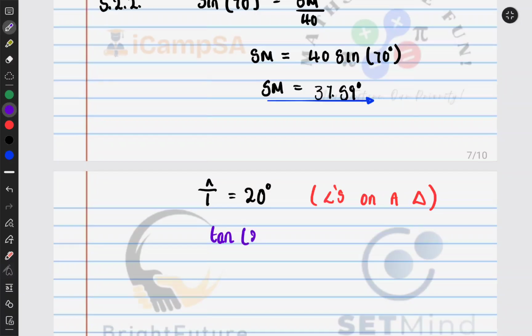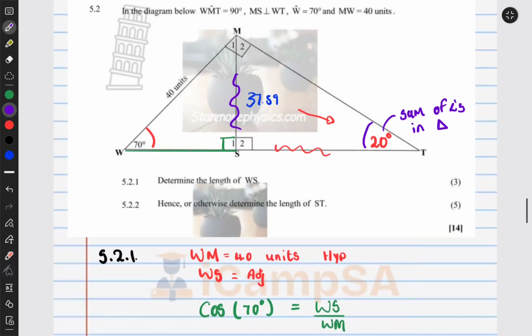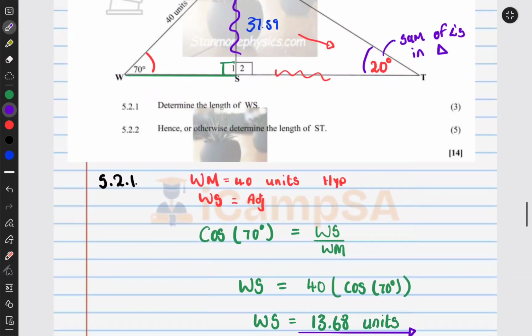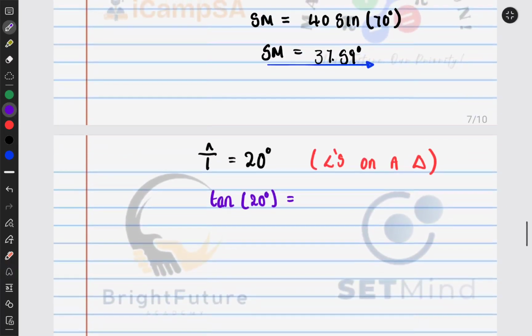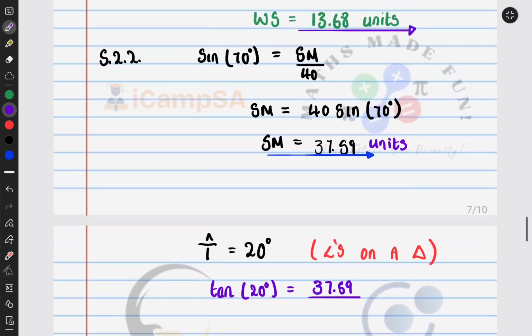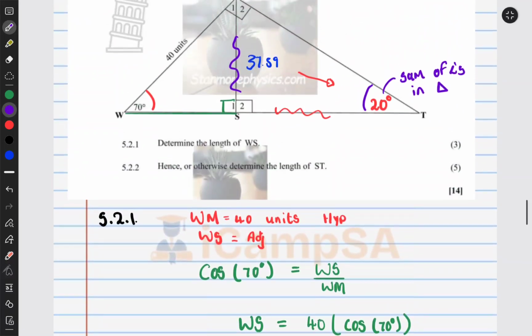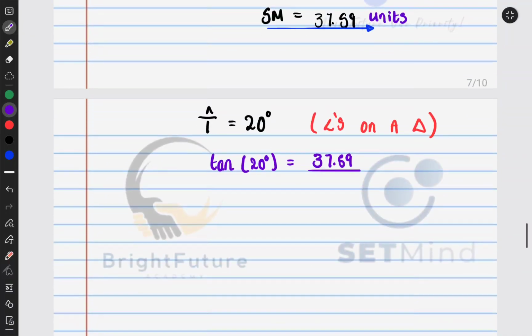So tan of 20 degrees is equal to, what is the side opposite? It is 37.59, it's not degrees here, it's units, over what is the other side, the one we're actually looking for? ST. Then we make ST the subject.